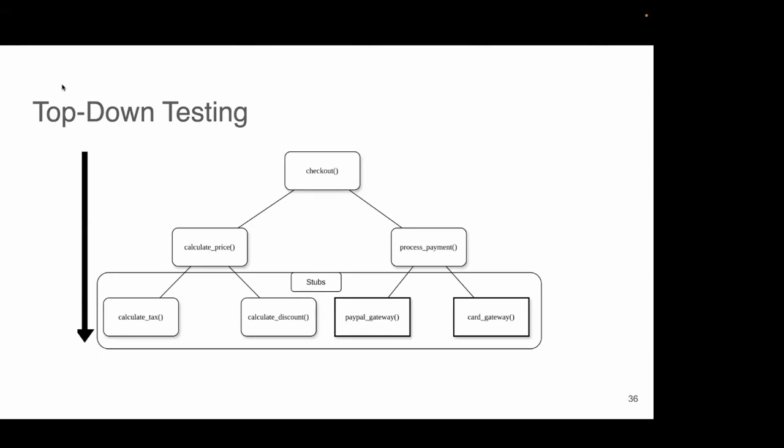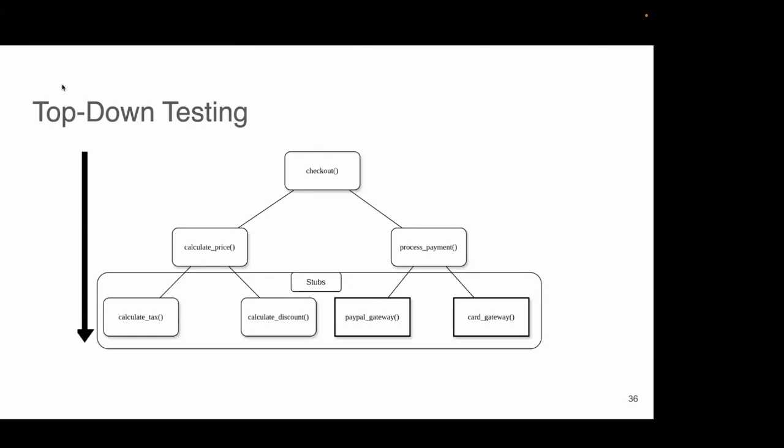For example, you could return a constant 20% for calculate tax, and maybe a constant 5% for discount, and then PayPal gateway or card gateway could just return a success or true boolean to make sure that the payment has been processed correctly. That would be an example of using top-down testing and stubbing the lower level functions.